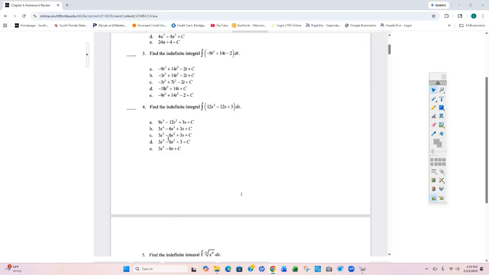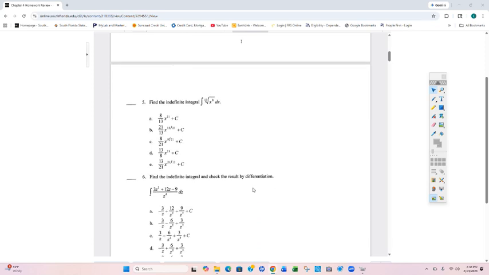C is 3s to the 4th minus 6s squared plus 3s plus c. D is 3s to the 4th minus 6s squared plus 3 plus c. E is 3s to the 4th minus 6s plus c. Correct answer is C, and that is also from section 4.1.